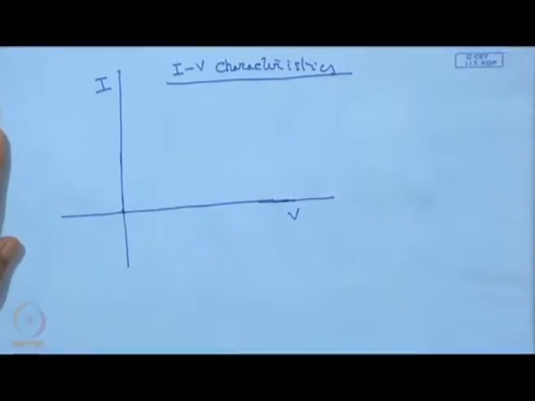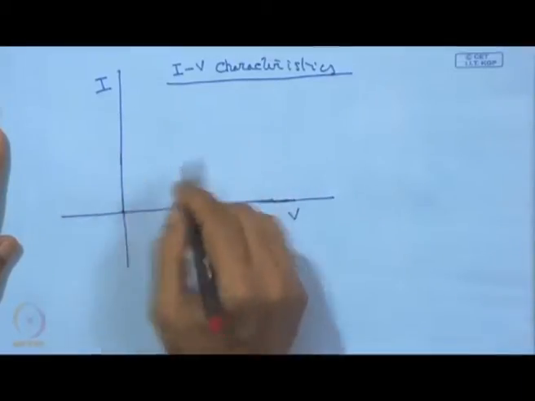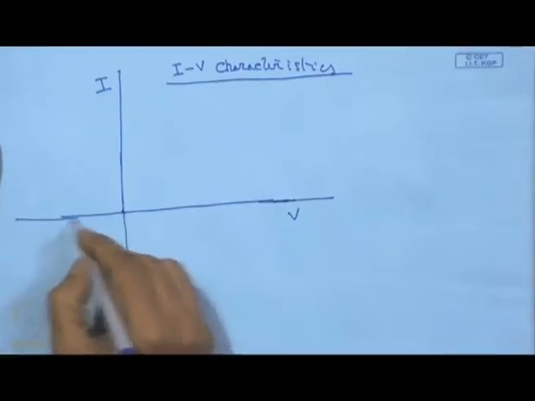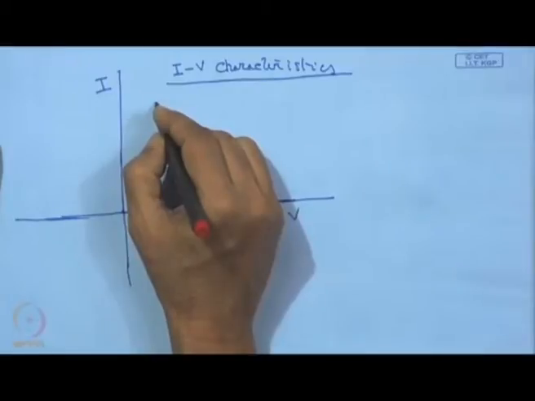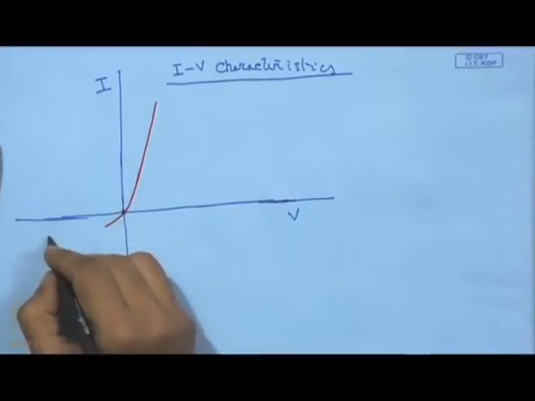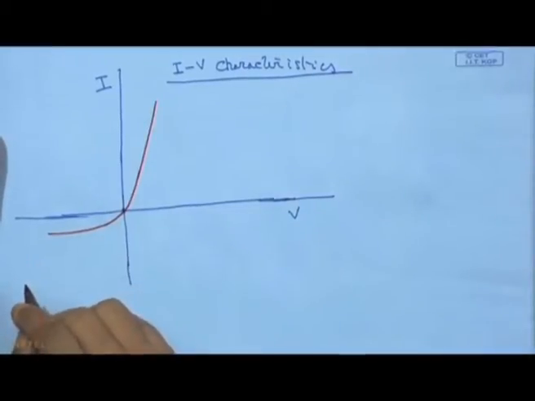Now, here it is a typical curve, and its nature is almost like this. Let us try to draw it. It is somewhere like this. What is the significance of this?